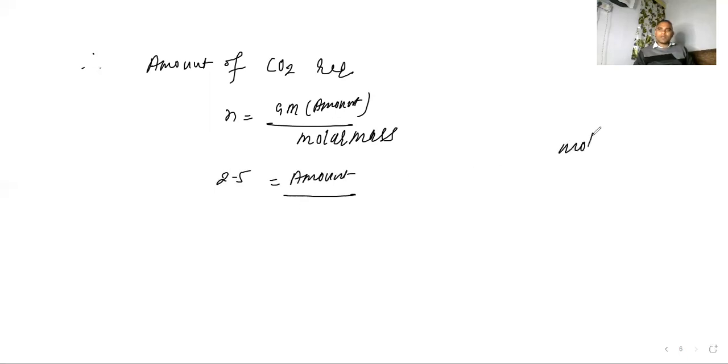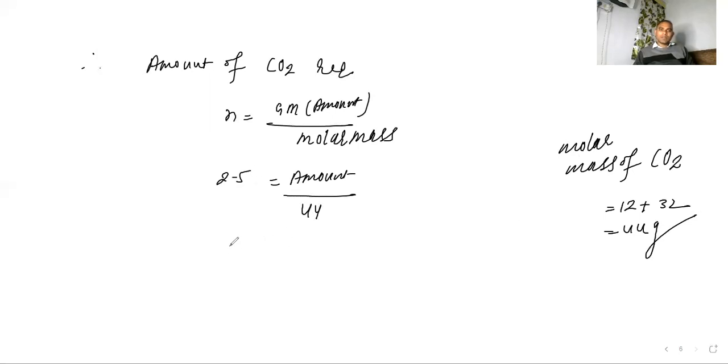Molar mass of CO2 is 12 and 32, that is 44 gram. So amount is 2.5 into 44. How much will come? 80 gram.